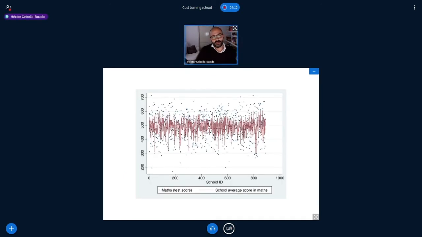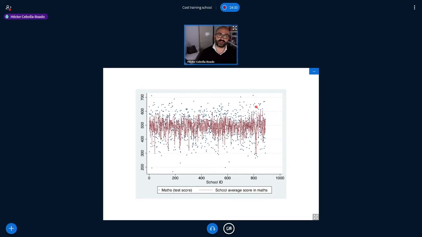Okay, so let's start playing with some examples. This is one of these settings in which you have strong contextual effects. This is PISA data from the OECD.